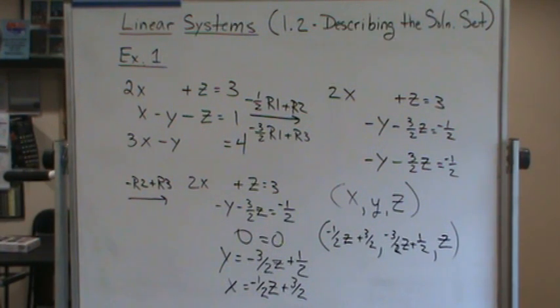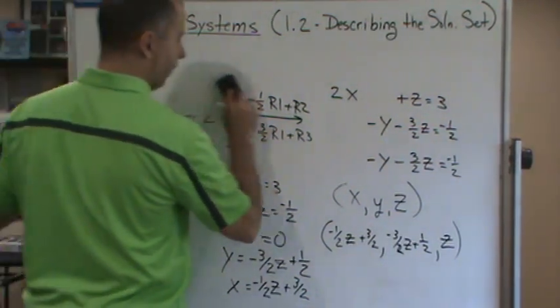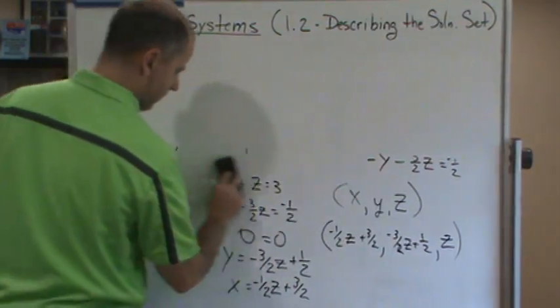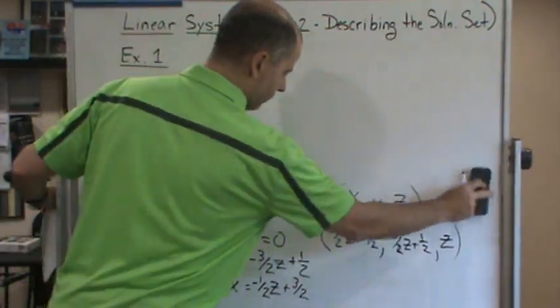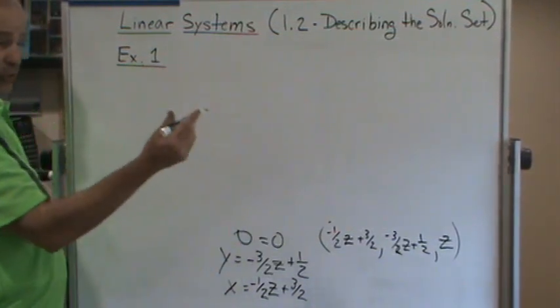Now the other way is to use set notation. So how will we do that? Well, we do the same thing, but we're going to use set notation. With set notation, the set of all solutions would look like this.